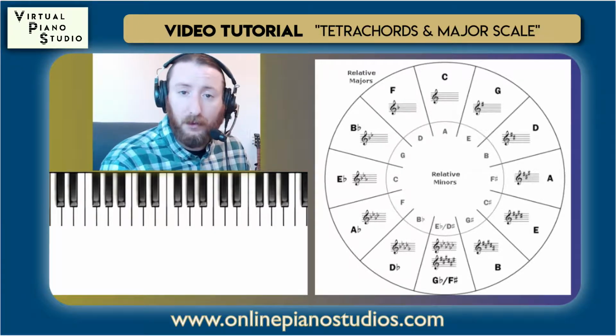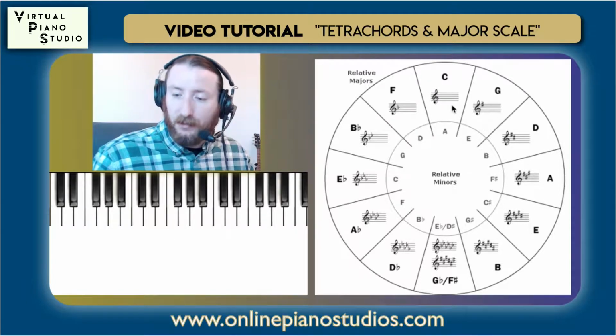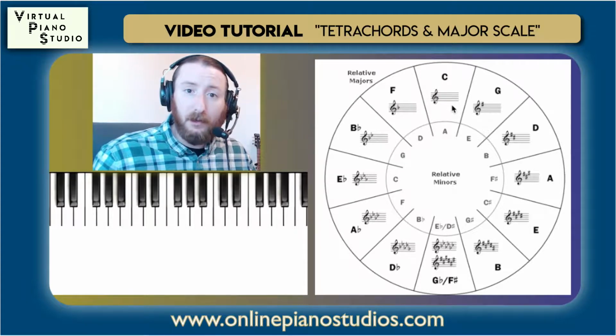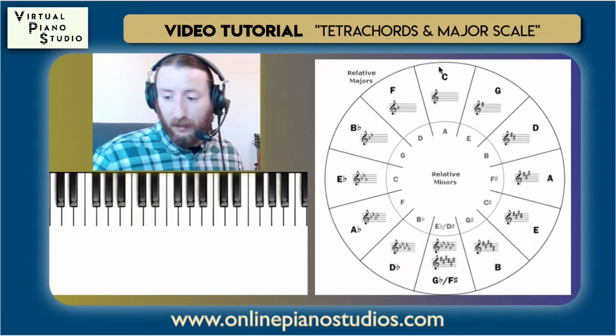Well, first off, you may have seen this diagram, which is called the circle of fifths. A lot of musicians refer to this as the foundation of music theory, because you can see how all of the keys of music relate together. So I'm going to start here on C, go to G, go to D, go to A, and there's a relationship there.